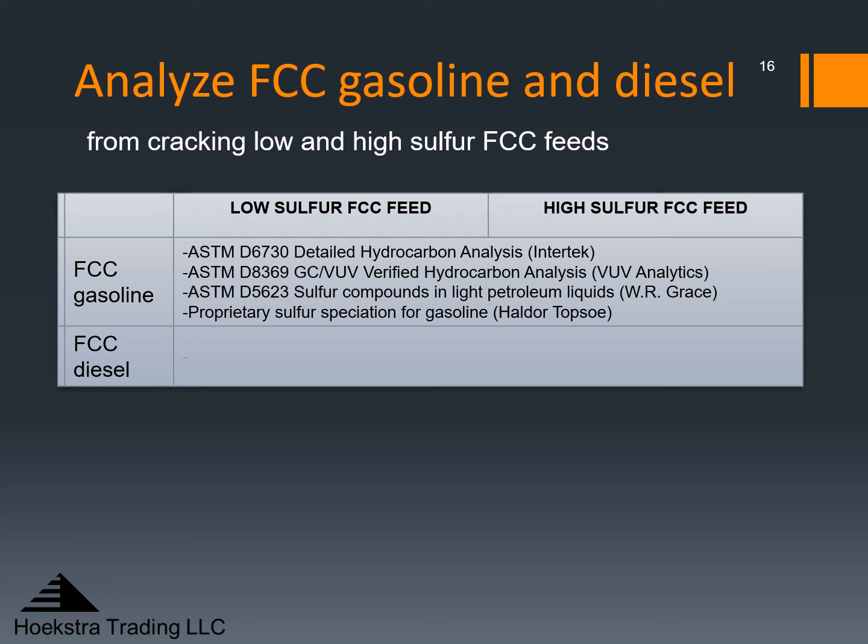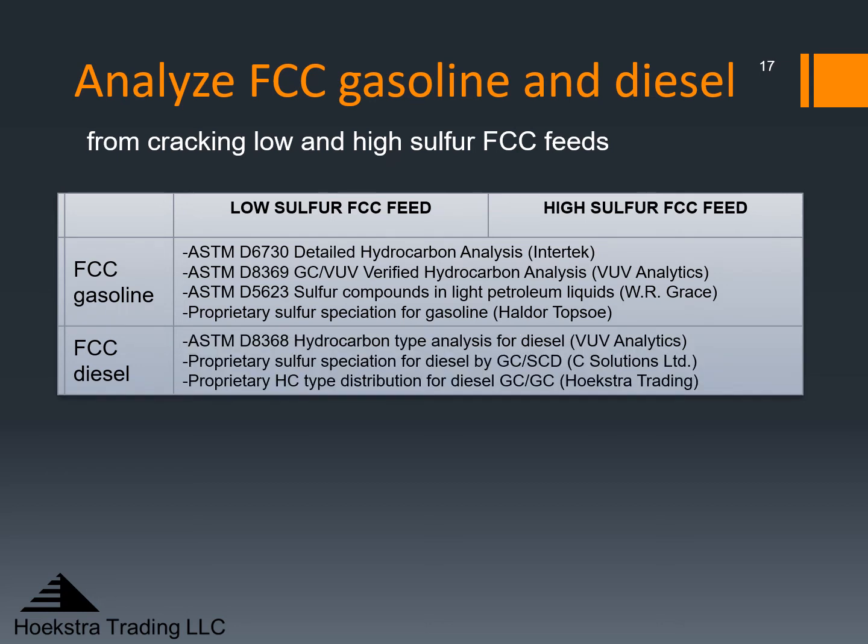That was done by VUV Analytics using their vacuum ultraviolet ASTM method. ASTM D5623 sulfur speciation was run by WR Grace, and Haldor ran for us their proprietary sulfur speciation for gasoline, which is used in connection with their licensed gasoline desulfurization process.